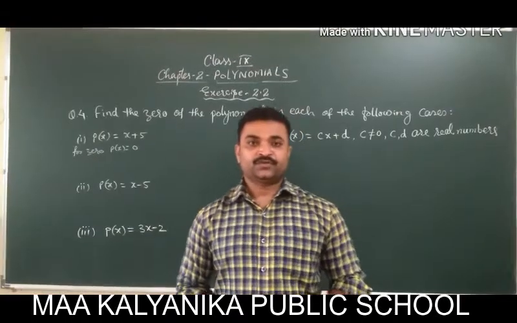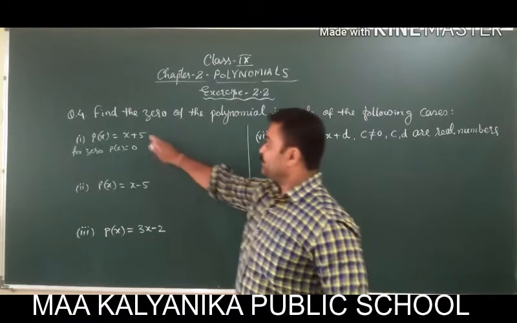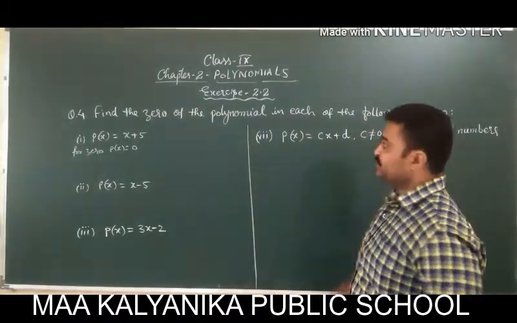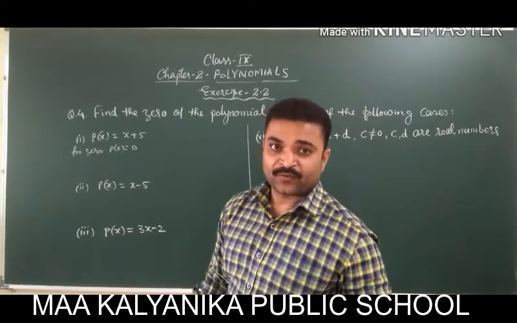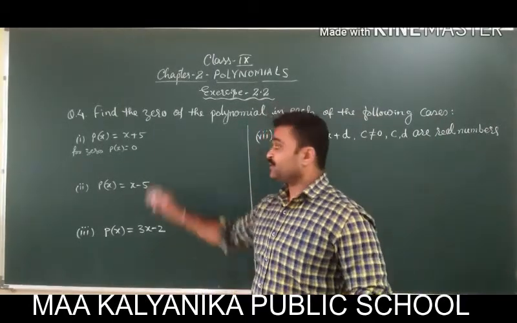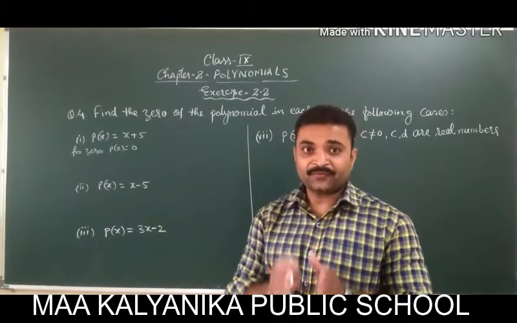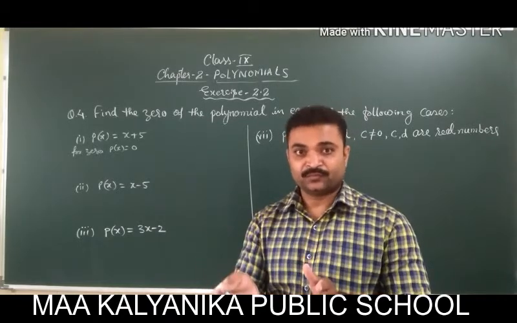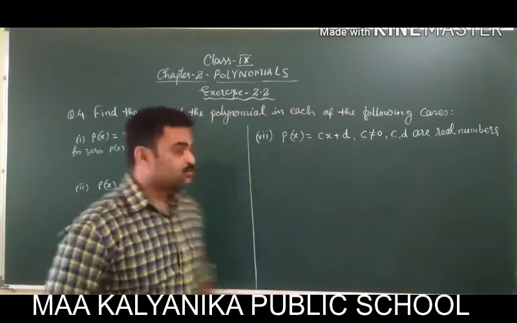Students, now we do question number 4, and the question number 4 is, find the zero of the polynomial in each case of the following. Okay. So, we have to find the zero of the given polynomial. So, what we have to do? We have to put the given polynomial p(x) equal to 0, for finding the zeros.